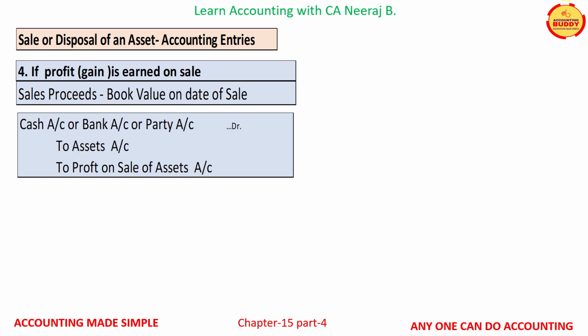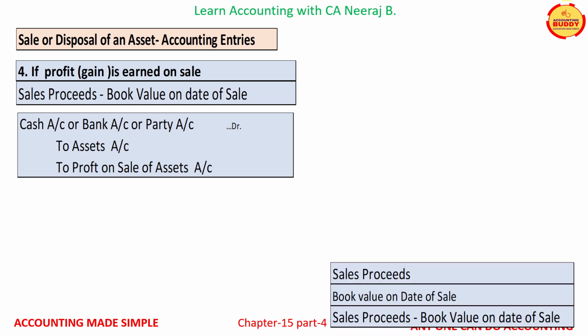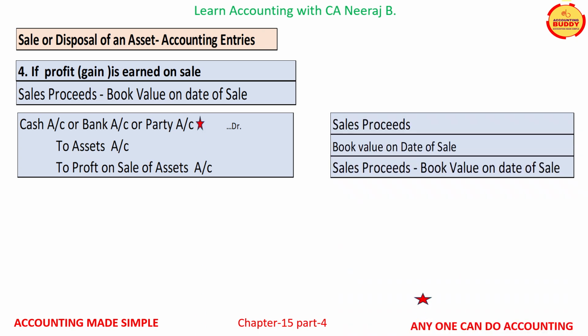Cash account or the bank account or the party account as the case may be is debited with the sales proceeds. Asset account will be credited with the book value of the asset on the date of sale, and the profit on sale of asset is also credited with the profit amount, that is the excess of the sales proceeds over the book value of the asset on the date of sale.